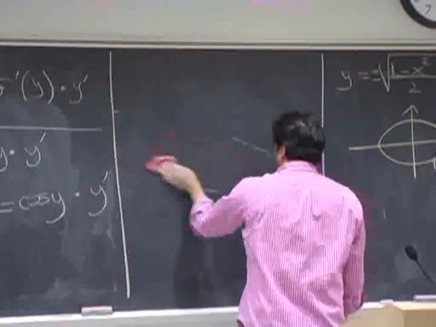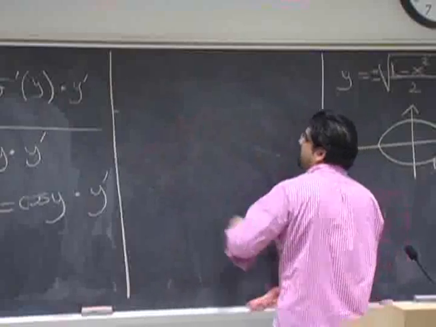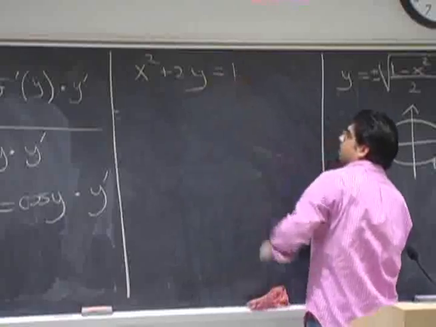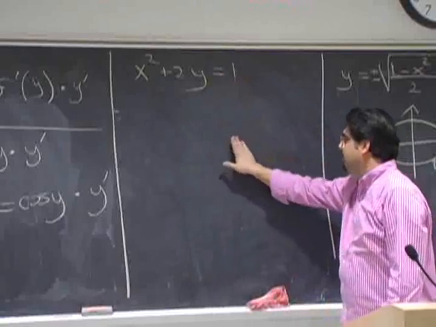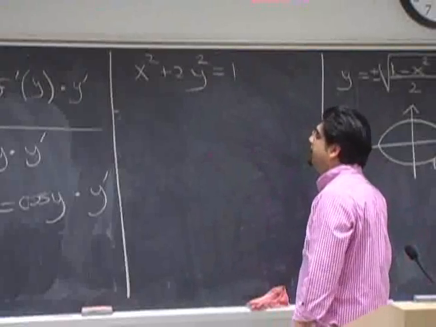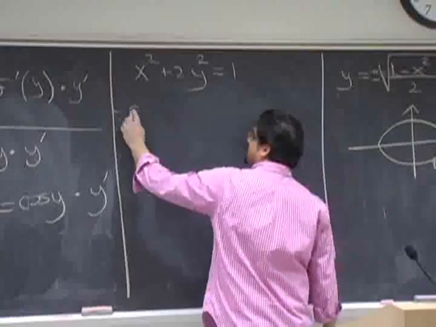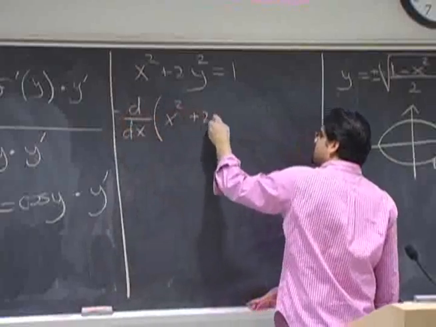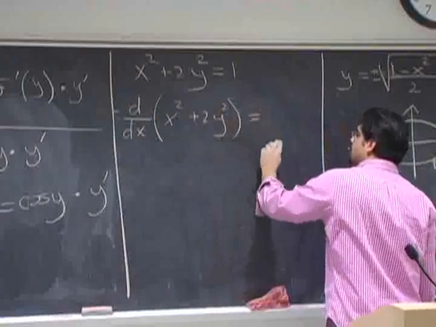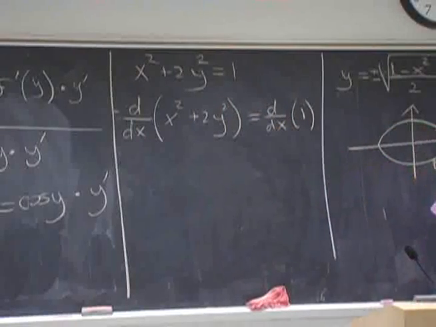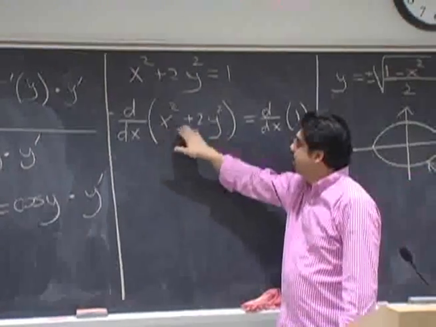Let's do the same problem. Find the equation of the line tangent to the curve x squared plus 2y squared equals 1 at the point that I gave earlier. So let's calculate derivatives with respect to x. The derivative of the sum is the sum of the derivatives.